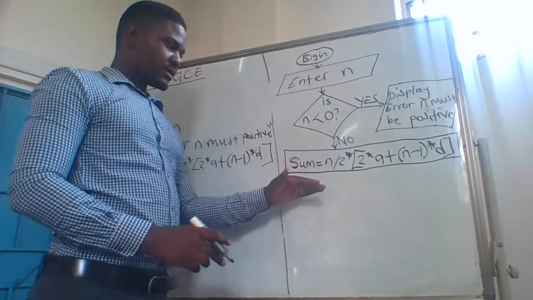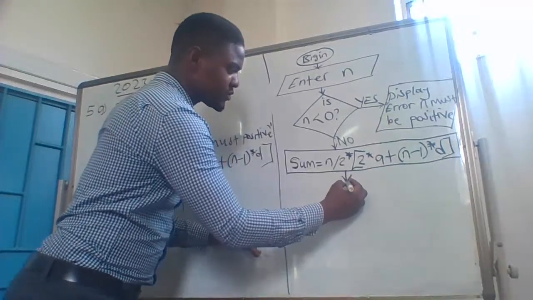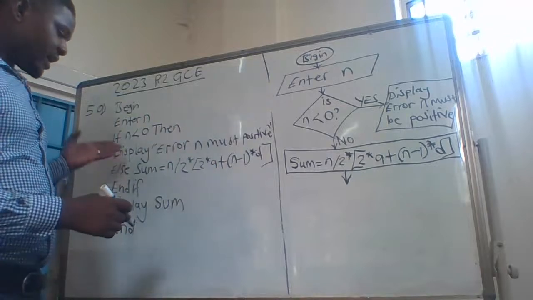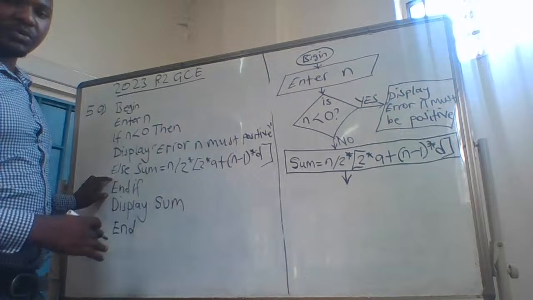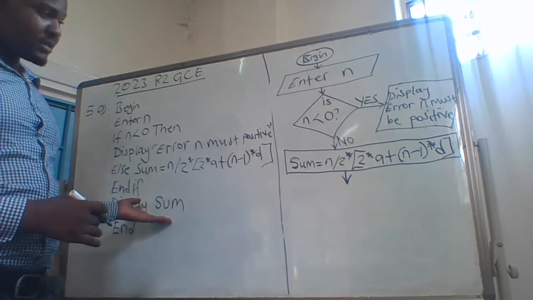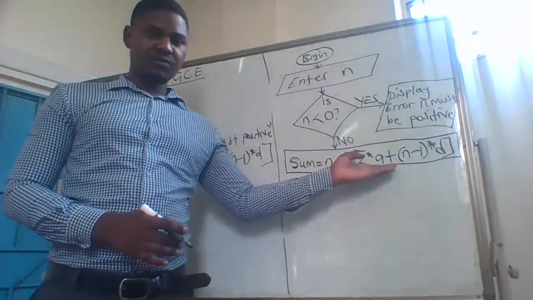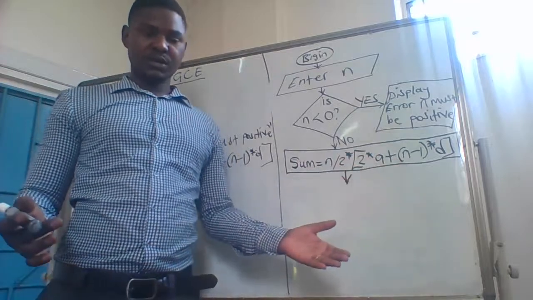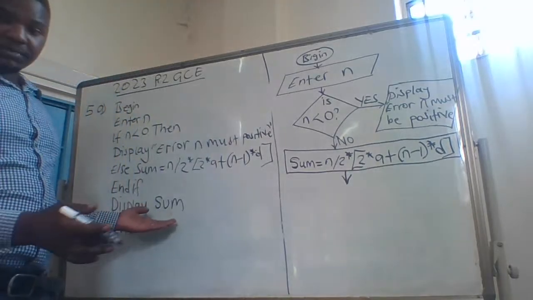So we have that. Then the pseudocode continues by saying, else sum is equal to that, and if. Now this part, they are just telling you that you can stop the program only if the sum is displayed. When you say the sum, of course, we are talking about the computation of this whole answer. It's more like you're saying 1 plus 1 is 2, and that 2 is the summation of 1 plus 1.